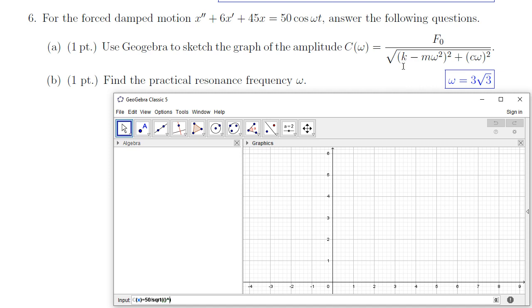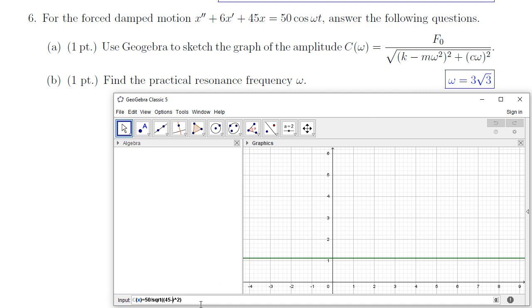K is, in this case, 45, so you have 45, minus M, which is 1, so I'm not going to write that, and then omega squared.